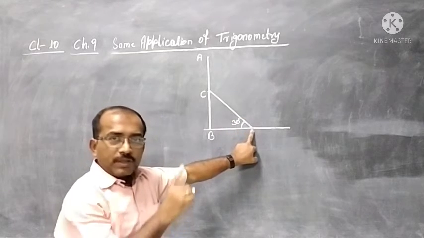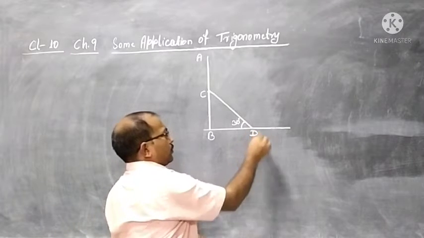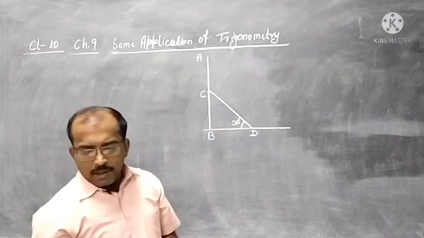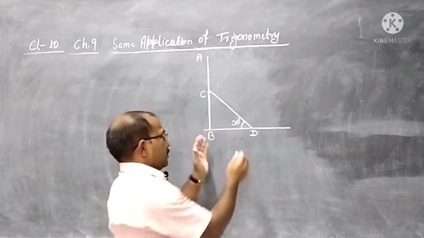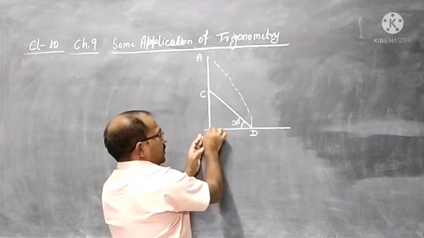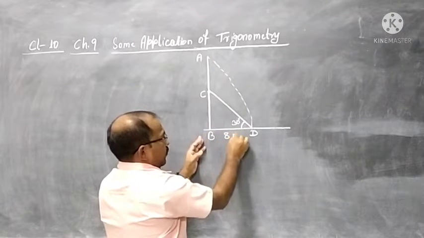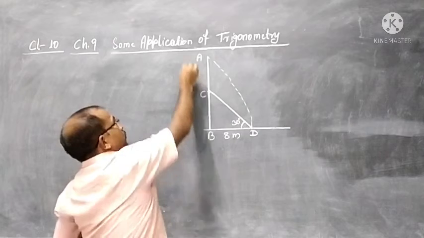The top of the tree touching the ground, let us give it the name of the point D, and it is 8 meter. The top is coming here, touching the ground 8 meter from the foot of the tree. So, determine the height of the tree.